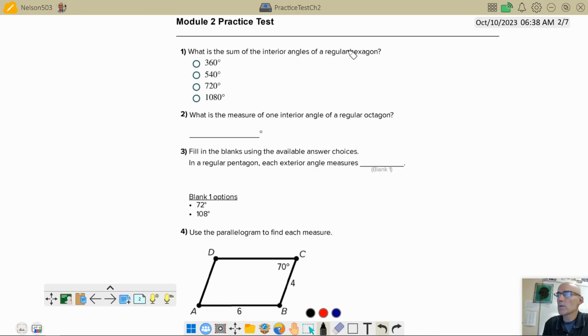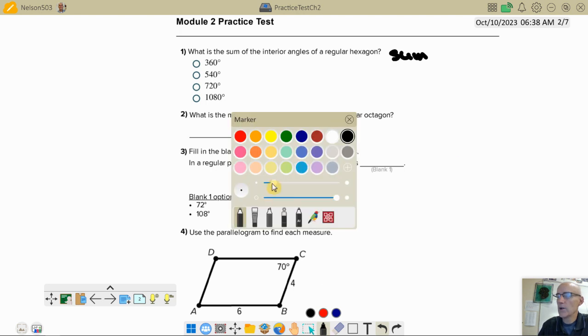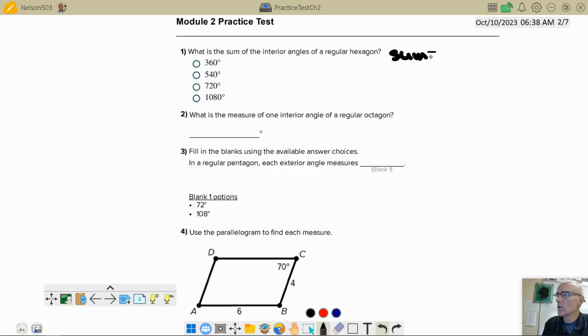So what is the sum of the interior angles of a regular hexagon? Well, we had a formula for that. The sum was equal to n minus 2 times 180. And there's 6 sides in a hexagon, right? So n equals 6.